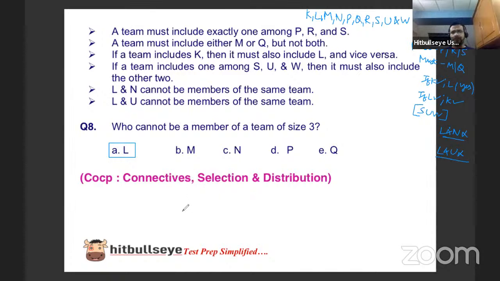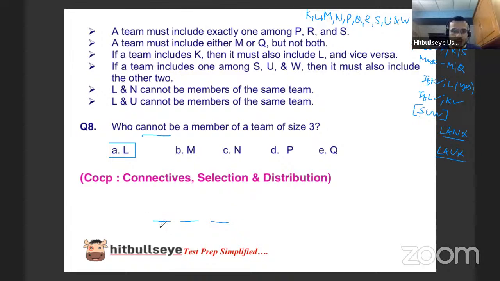All right, so let's solve it. In this case, we are saying who cannot be a member of a team of size 3. So we have 3 positions in the team, and we know that out of the first and second point, which are must, we should have either P or R or S, and from M and Q we should have one.